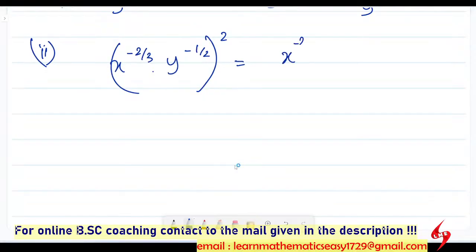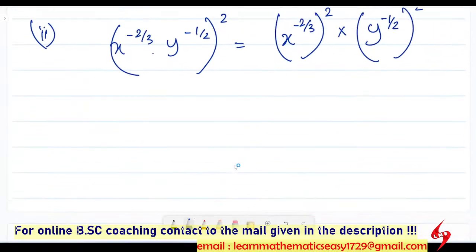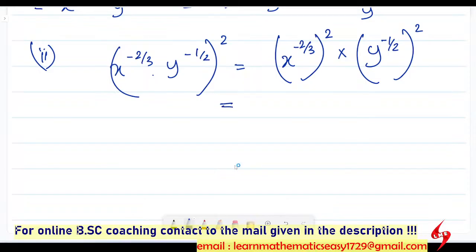So x to the power minus 2 by 3 into 2, y to the power half into 2. So 2 will be cancelled out here.